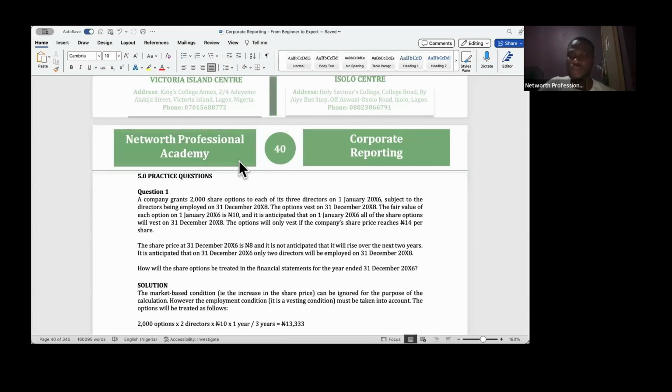And when you have a deductible temporary difference, then you are going to have a deferred tax asset. And like I mentioned earlier, for share-based payments, the carrying amount is always going to be zero, always. The tax base, they will tell you whether it's the intrinsic value or the exercise price. In all the questions we have seen, they have always made the intrinsic value the tax base.